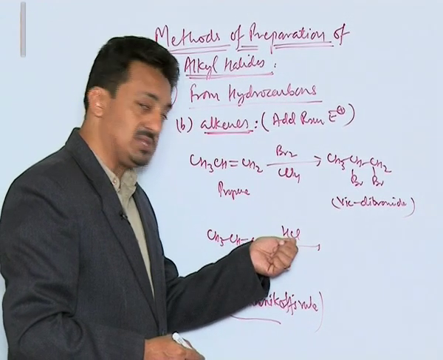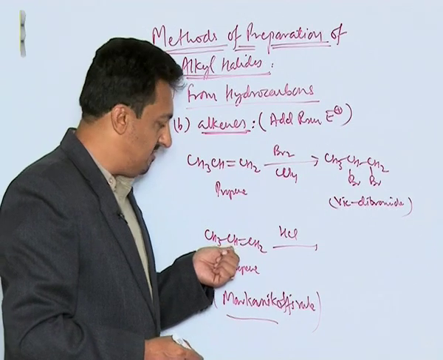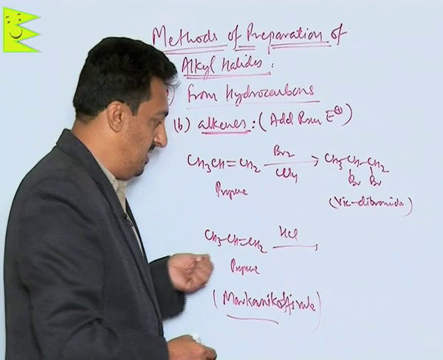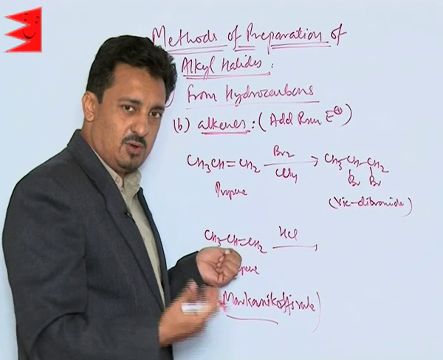So the Cl minus will go to this secondary carbon, which is bonded to the two other carbon atoms. Because this reaction follows the stability of a carbocation.